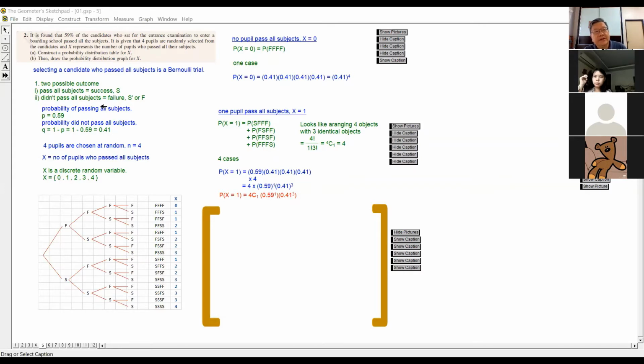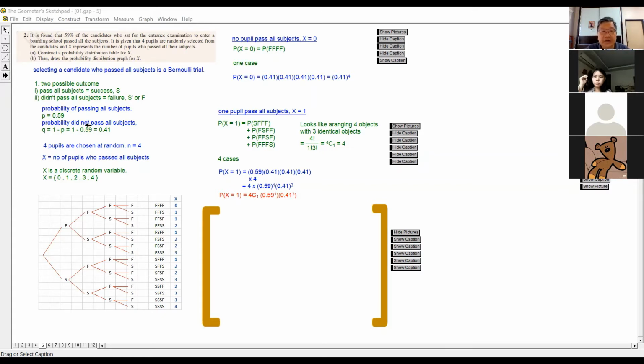So this experiment, take one student and see whether they pass all subjects or not, is a Bernoulli's trial. This Bernoulli's trial is repeated several times. How many times is it repeated? 4 times.